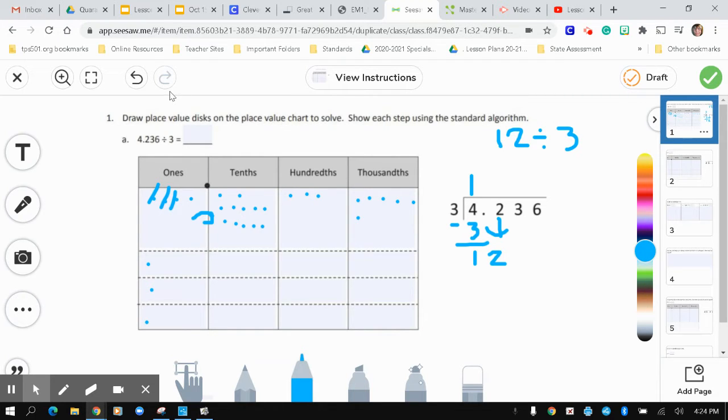So I'm going to take those 12 tenths and split them up. 1, 2, 3, 4, 5, 6, 7, 8, 9, 10, 11, 12. Those 12 tenths divided by 3 divided all evenly. I got rid of all of them. So there were 4 in a group.